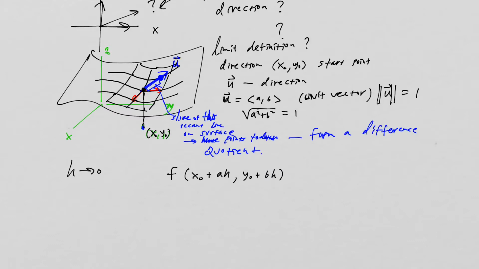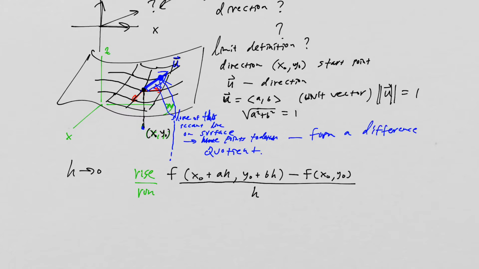And this corresponds to this point up there. And then, of course, we want to take the difference at x naught, y naught, like that. And then we'll do the normal thing, which is make that difference quotient. So clearly this is the rise, and that's the run right here. Okay, cool. I think we have this.